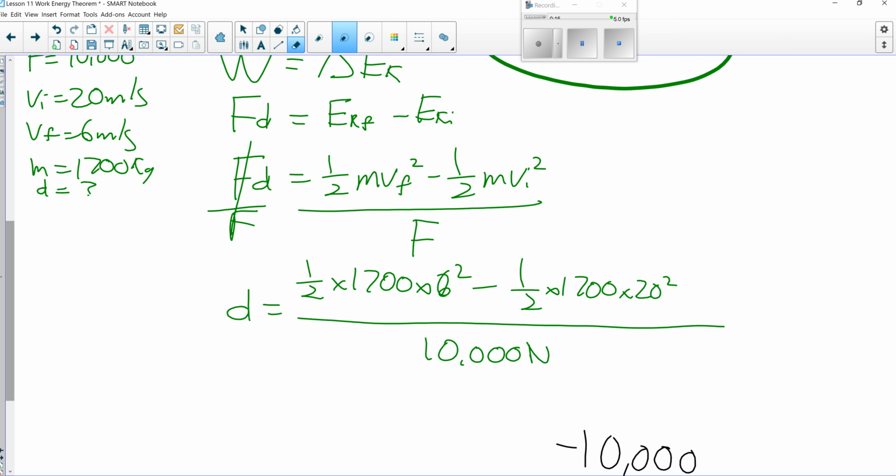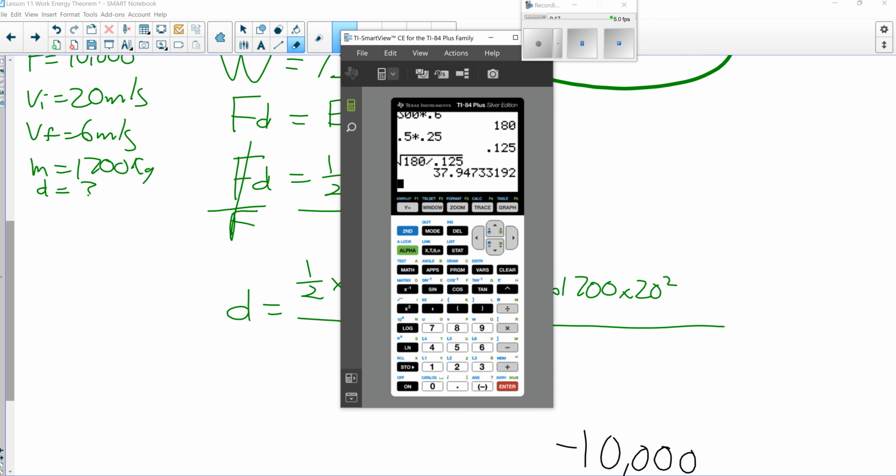Okay? But in the truest sense, the right way to do this, and the way we would do it in Physics 20, is because we'll have done all kinds of vector stuff already, we would recognize that force is backwards and thus negative. For this course, I'm not worried about that. You're still going to mathematically get the right answer. Okay? All right. So when we punch all of that into our calculator, this is how I would do it.